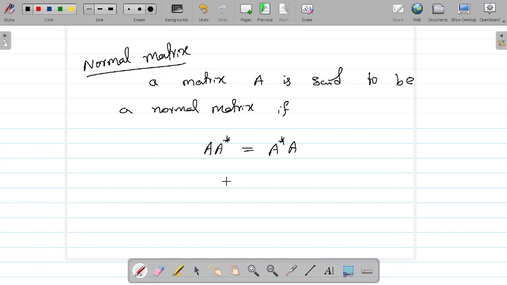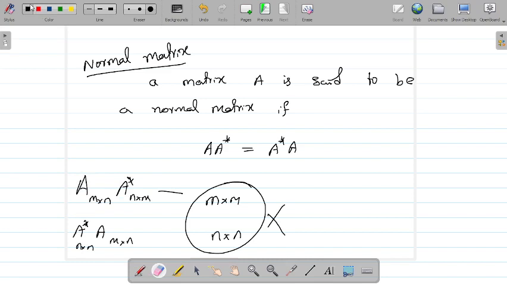So you will get matrices of two different sizes, and you cannot compare these two. So here A must be a square matrix. Let me mention here n by n. So a square matrix is said to be a normal matrix if A into A star equals A star into A.